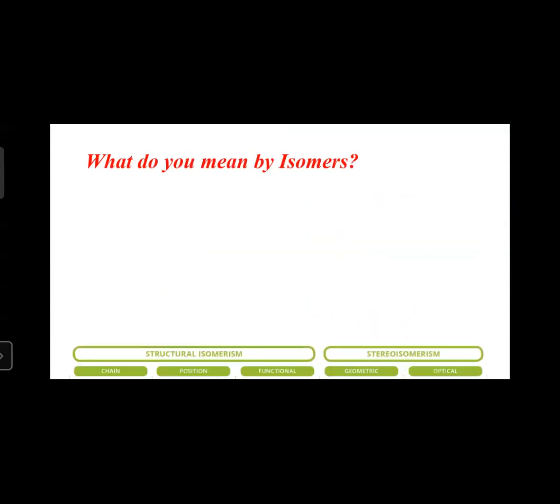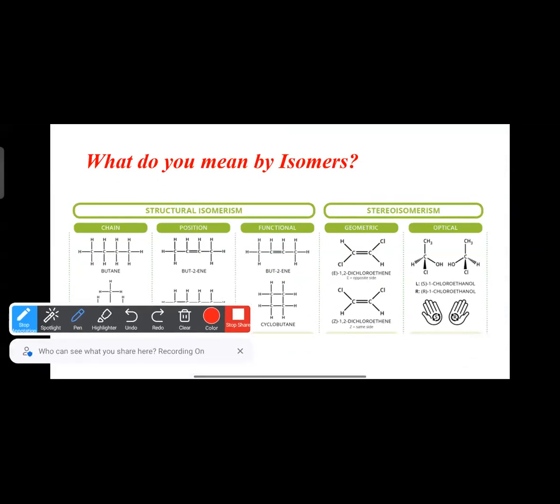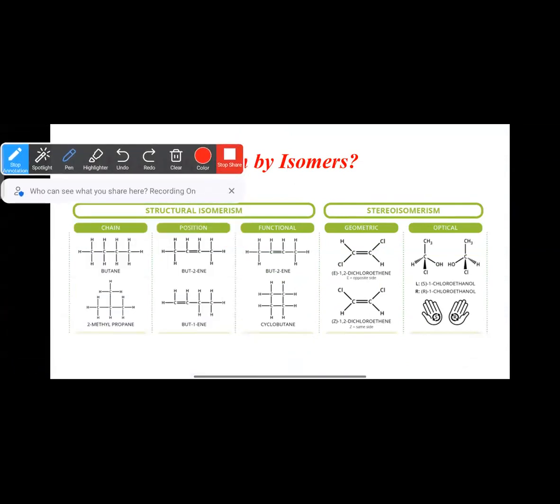Now, what do you mean by isomers? These are the compounds having the same molecular formula, but they differ in their structures. So here is the structure of butane and 2-butene. The molecular formula is the same, but the structure is different.